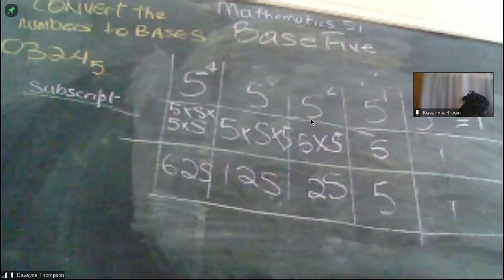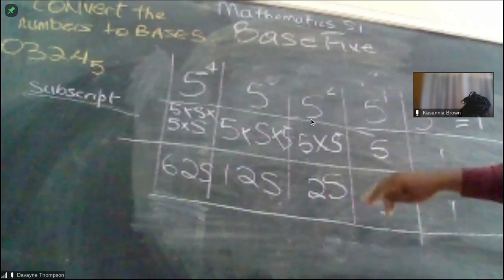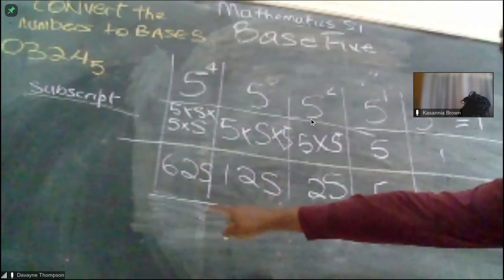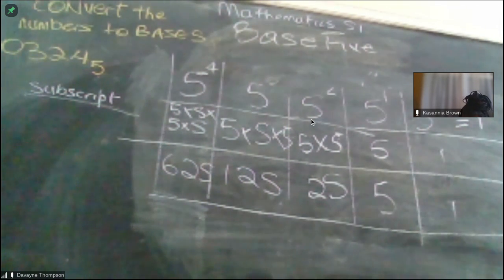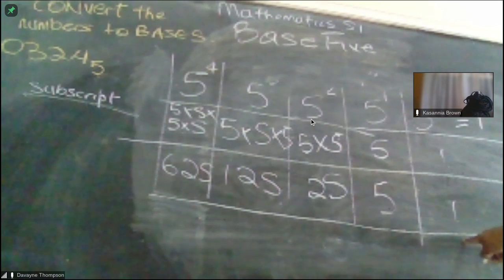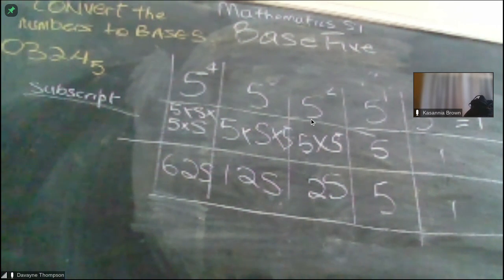Now when we're doing the base 2 table, how did we write a number onto the table? Did we start from the left over here, or did we start from the smallest value and go across to the left? Smallest value, then go across to the left.